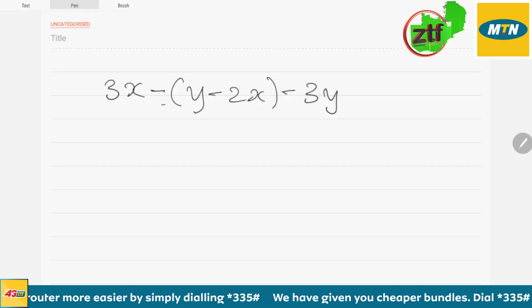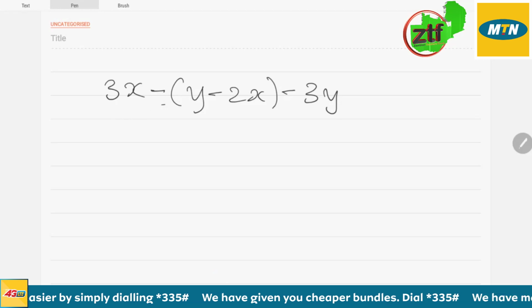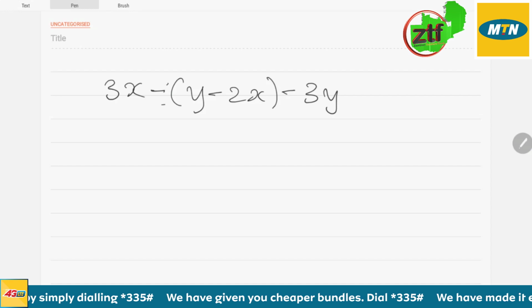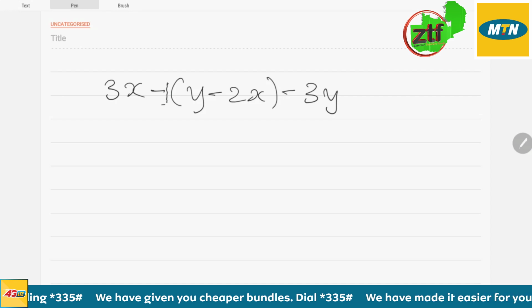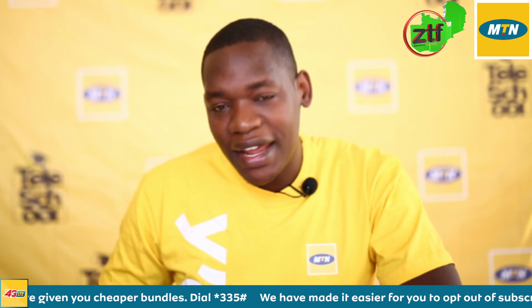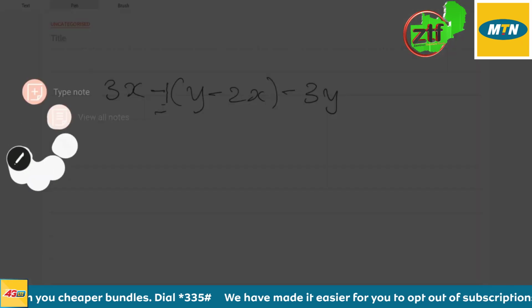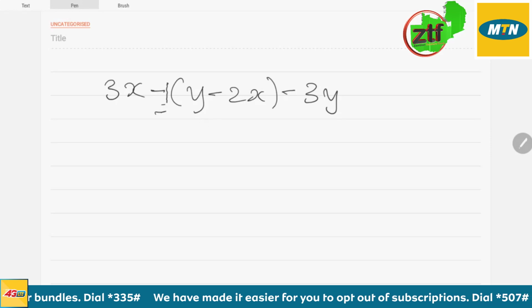So you need to understand that the question we have is 3x minus, open bracket. Now, just before the bracket, we have a 1. So what we need to do is expand this expression and get rid of the bracket. So how do we do that? We multiply the negative 1 by each term inside the brackets.